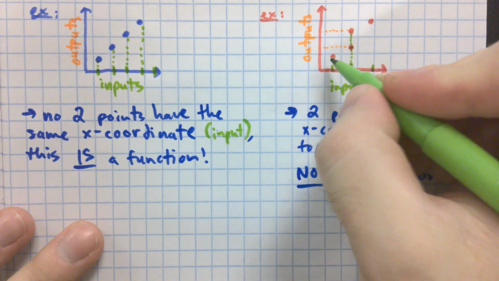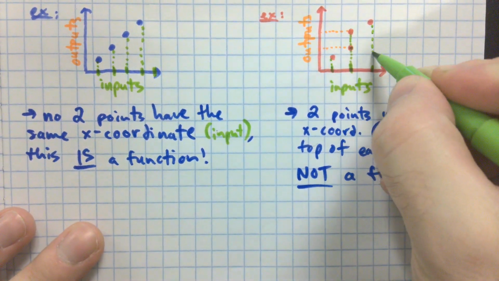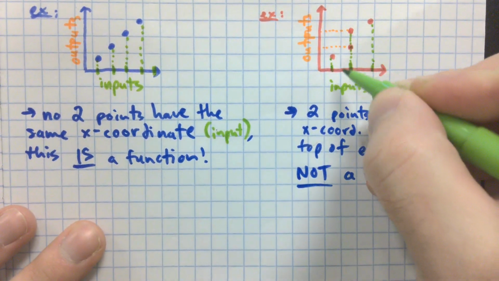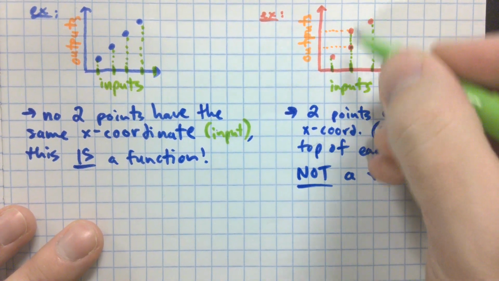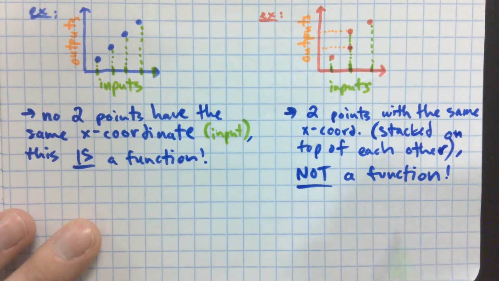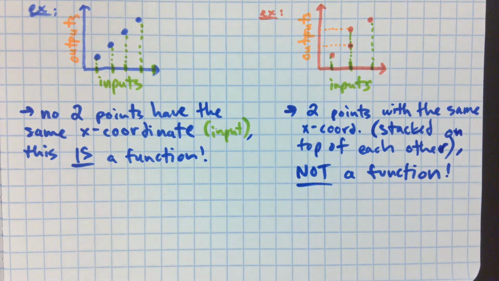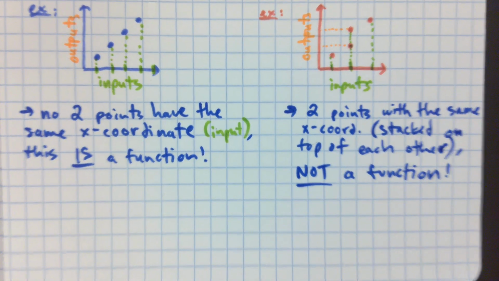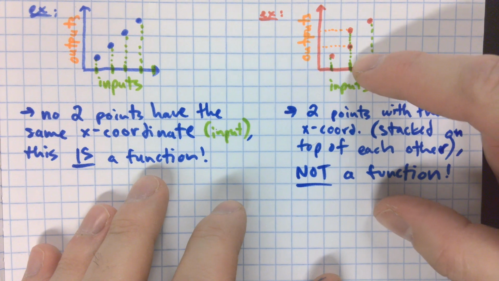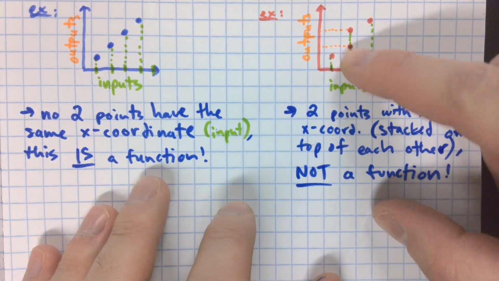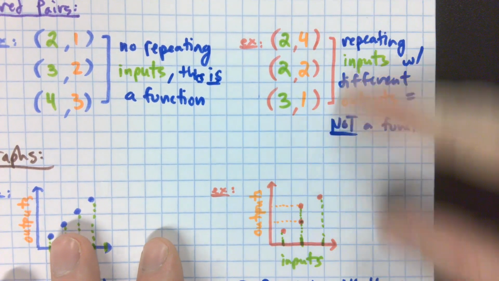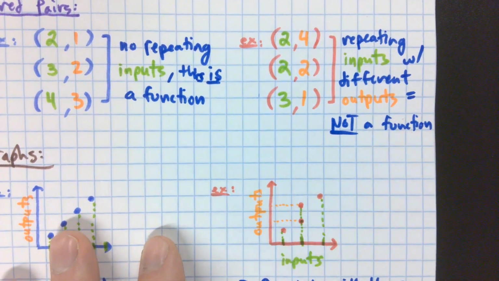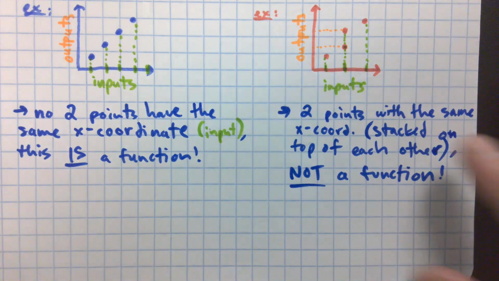If we have any points that have the same x coordinate, which means they line up directly on top of each other like this, it is not a function right away. These 2 points here in the middle would be like (2, 2) and (2, 3), which, as we know, when we're actually looking at the points, does not represent a function.